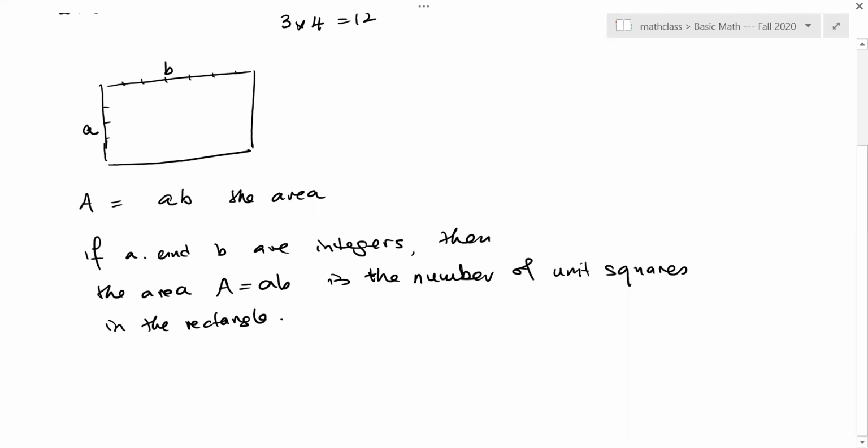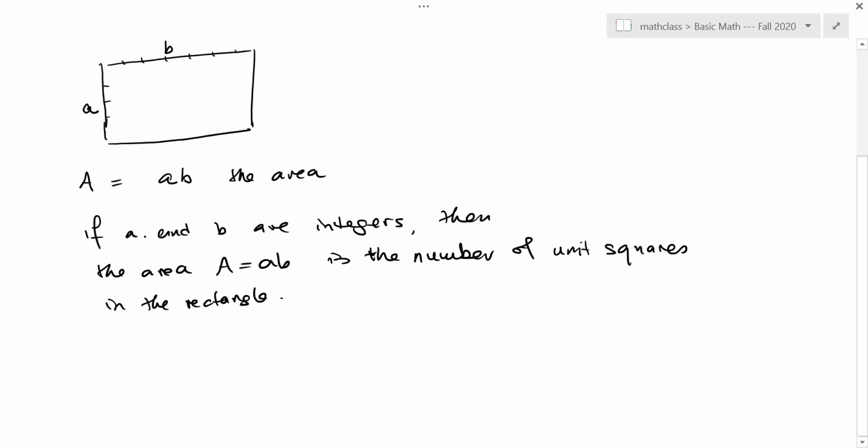Now, another notion for the rectangle: if you use 4 line segments to enclose this rectangle, then we get the so-called perimeter. There is a 2B here and a 2A here, so it's 2A plus 2B, which is called the perimeter of the rectangle.